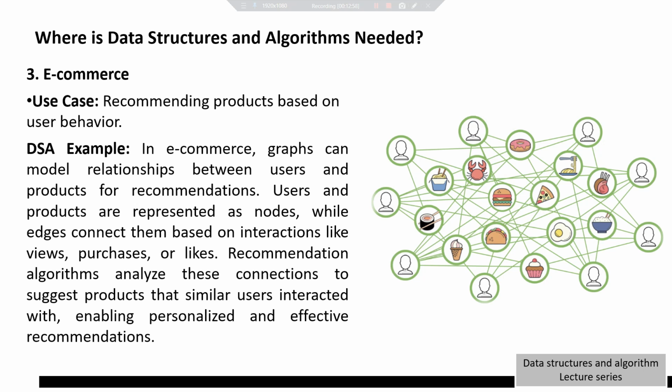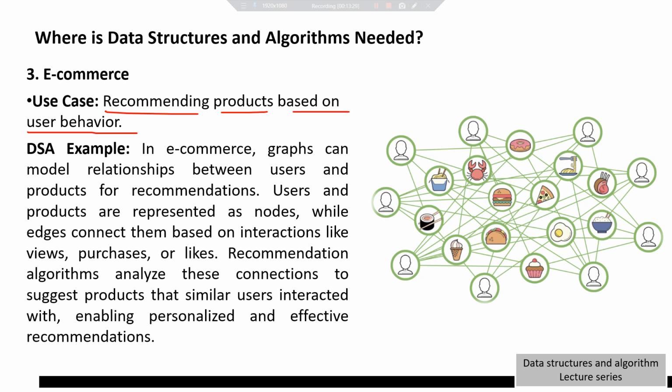The third popular application is e-commerce, that is, a product recommender, recommending products based on user behavior. You might have gone on Amazon and searched for a pencil. A recommender system may also suggest a pencil holder or a notepad or some items which are similar to it, right?